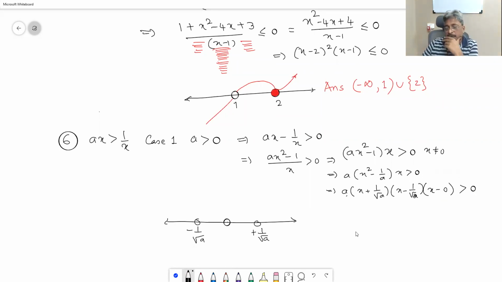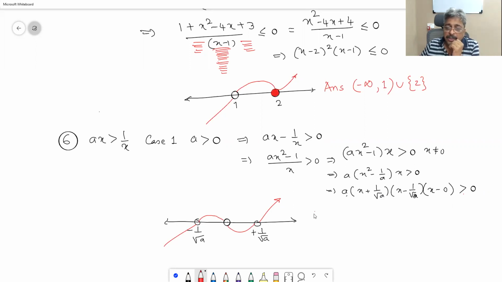x minus 0 is greater than 0. So to the left of minus 1 upon root a, everybody is negative, so the graph will enter like this. There is no question of equality, so everything is going to be a hollow circle. And then this is linear, there is no repeat root, so it is going to go like this. Correct?